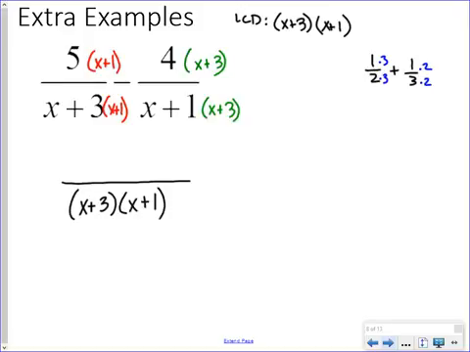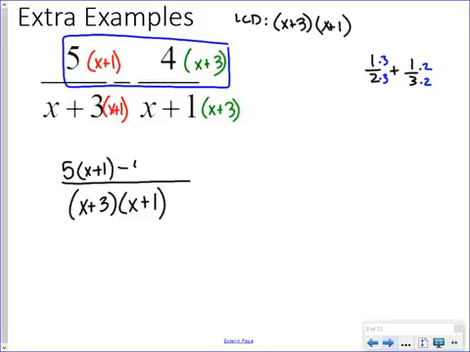I keep that denominator for the remainder of my problem, and all my math work for adding and subtracting now happens in my numerator. So I write this out as 5 times the quantity of x plus 1 minus 4 times the quantity of x plus 3, paying careful attention to the fact that I'm subtracting there. Go ahead and distribute your 5 and your -4 to both terms in the parentheses.